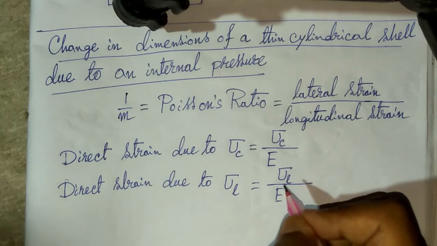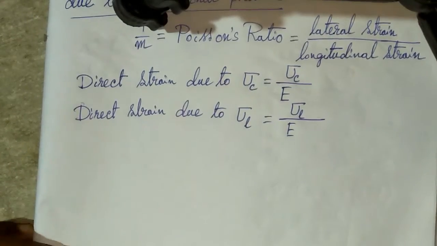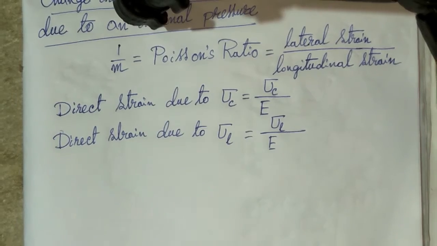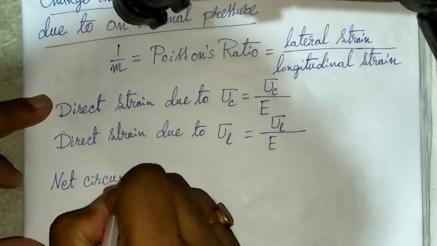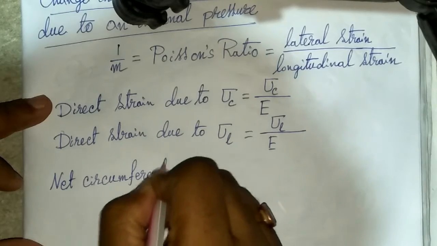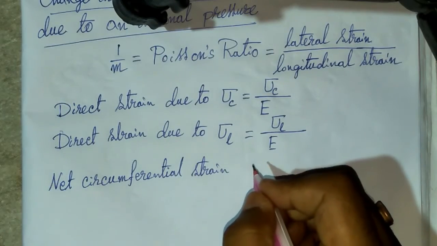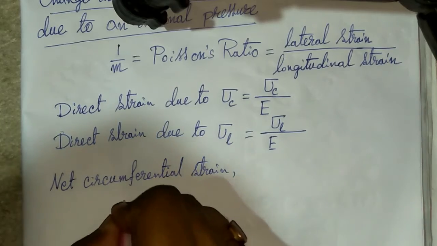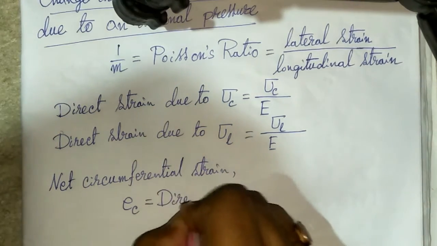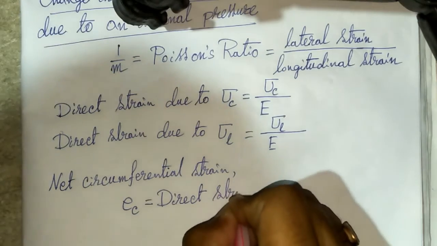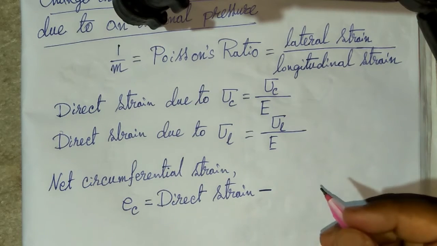Now the net circumferential strain is nothing but the direct strain minus the lateral strain due to the direct strain.